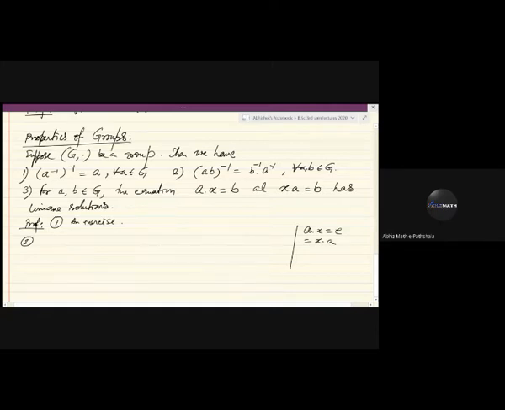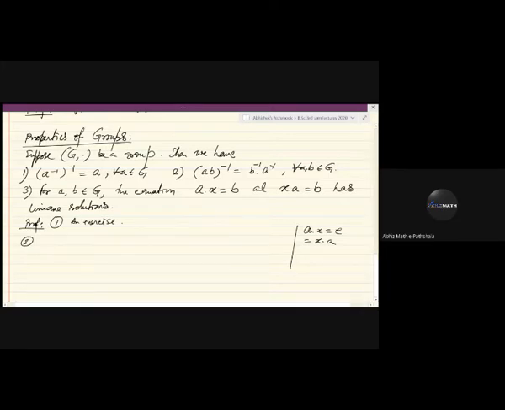And if this equation has solutions, then we have proved that these solutions are unique, and we call them the inverse of the element A, right?